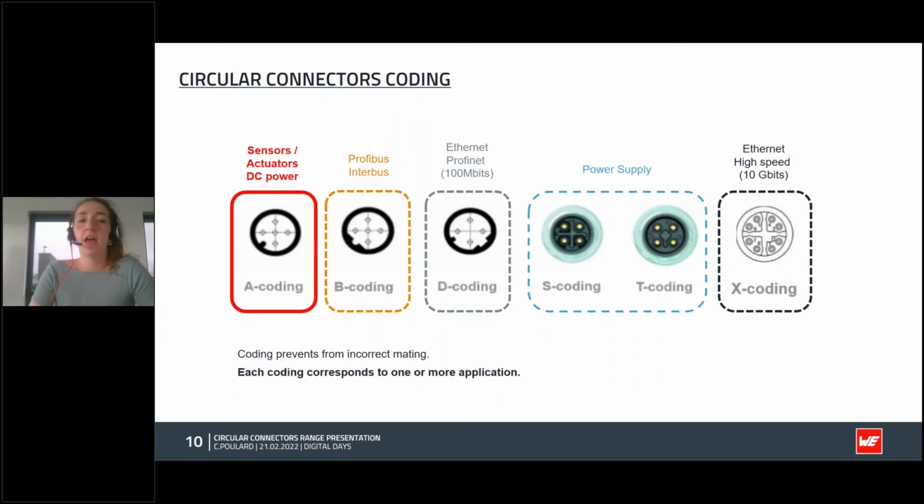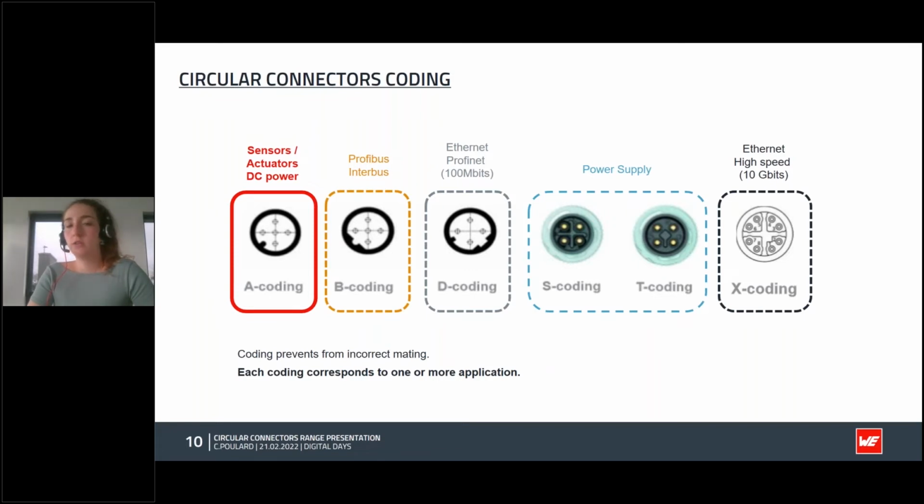Coding A is really, I would say, a core coding, for analog signal and power devices. B coding is also in this direction. With D coding, we're starting to talk a bit more about data that could be used for Ethernet, not high-speed Ethernet, but up to 100 megabits, so Cat5.